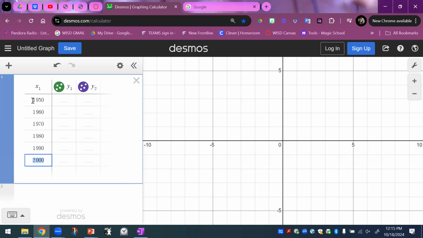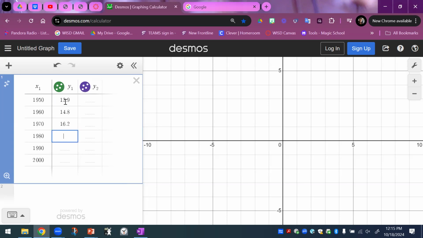My Y1 data is going to be New York City, right? So I'm going to put in the populations for New York City, but I'm still going to use them as rounded millions. So 12.9 million. Then I have 14.8 million. Then we have 16.2 million.